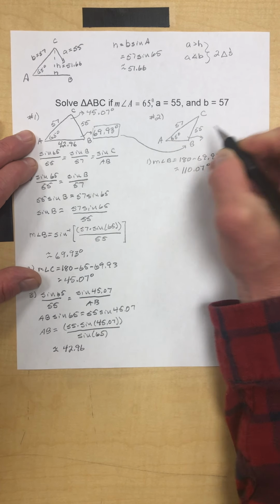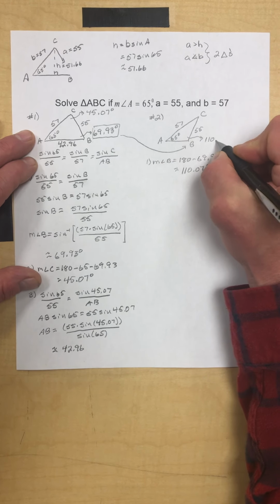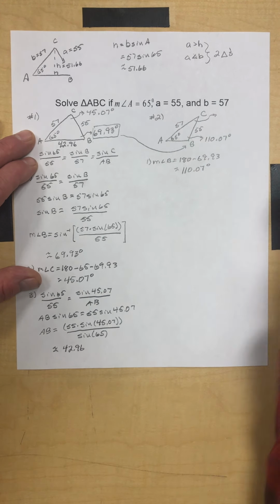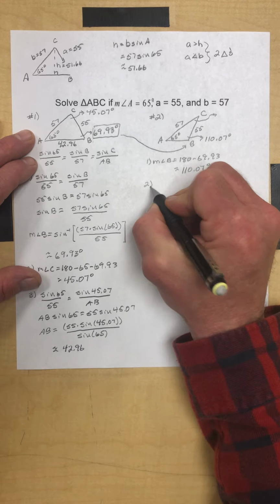So this angle B is 110.07 degrees, which, again, is an approximation, but it's a good one.